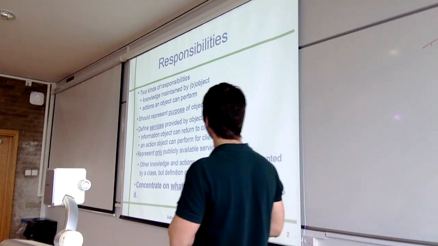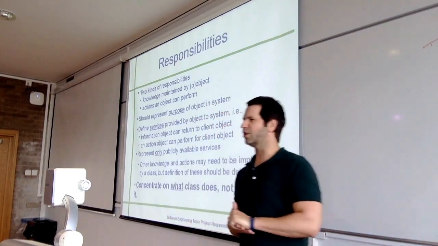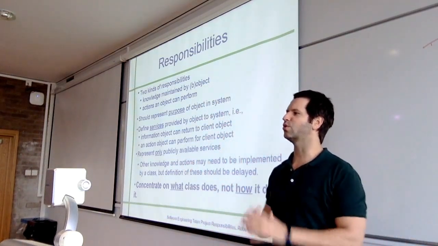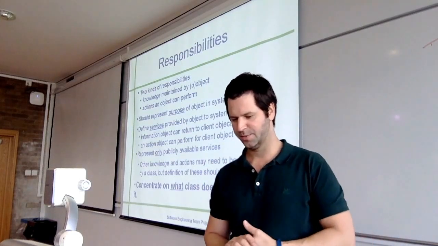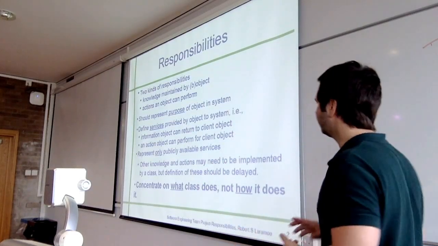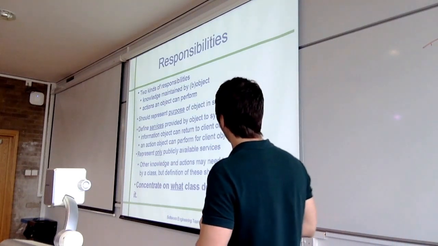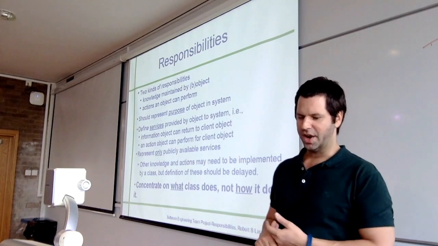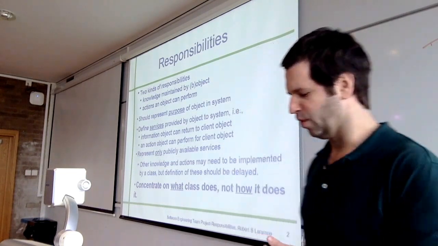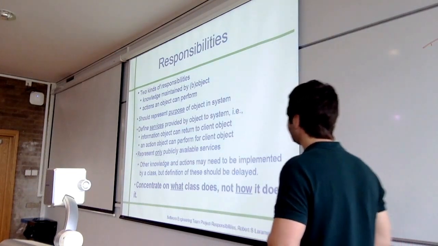Responsibilities define the services provided by an object to the rest of the world or the system or all other objects. Right? Information that the object can return to a client object, or an action the object can perform for a client object.